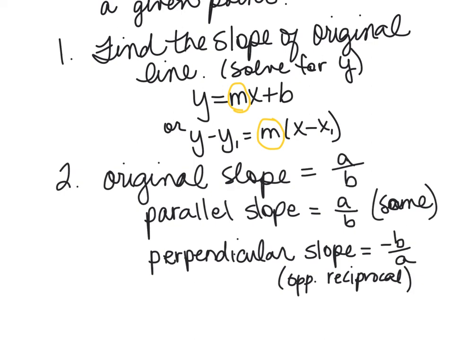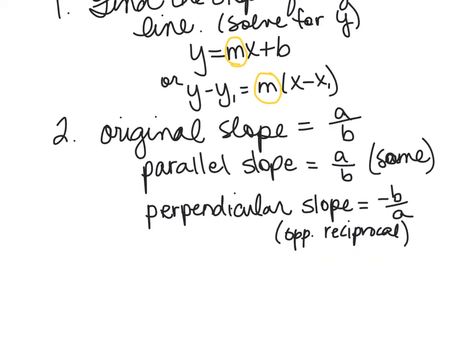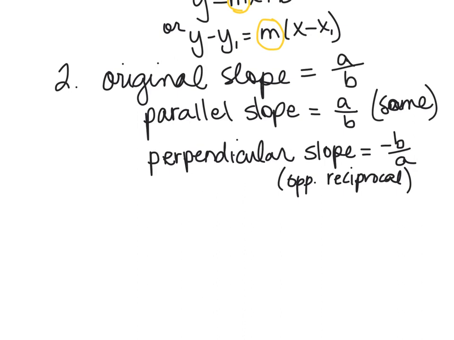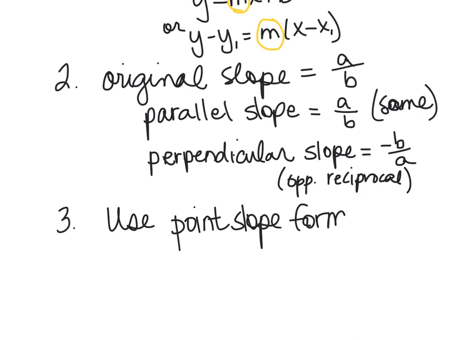Okay, so now we've got our new slope. And so we're going to use point-slope form: y minus y1 equals m times x minus x1.